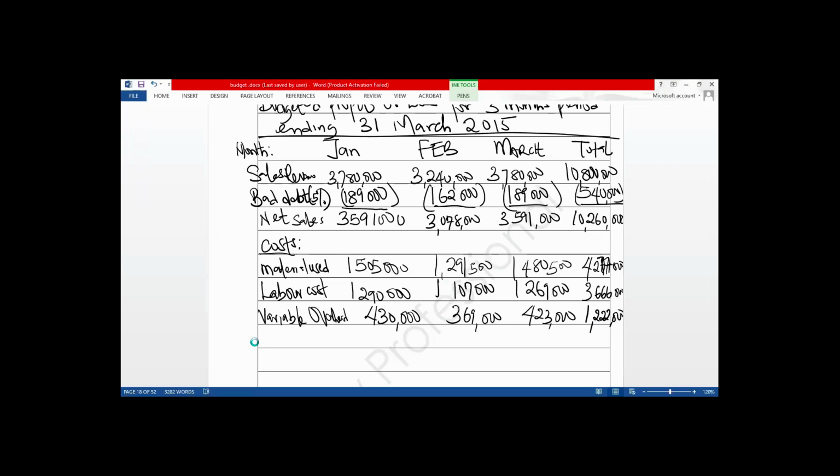Under your P&L, depreciation is 200,000 monthly. At the end of the month, it becomes 600,000. Look at it.